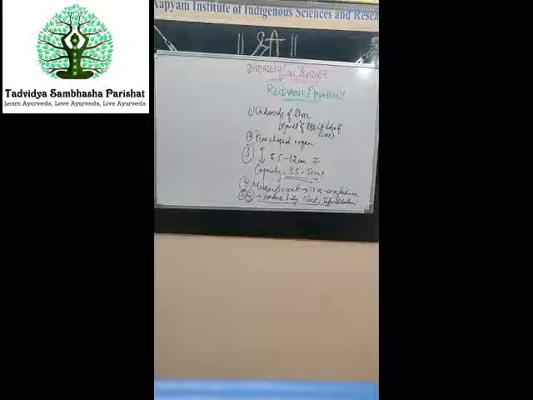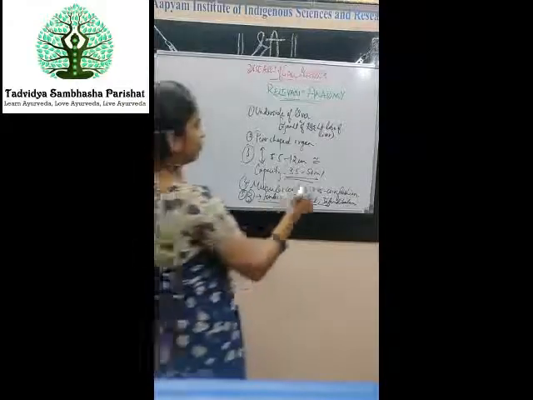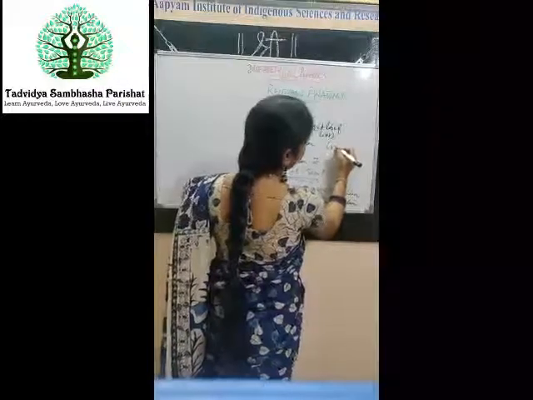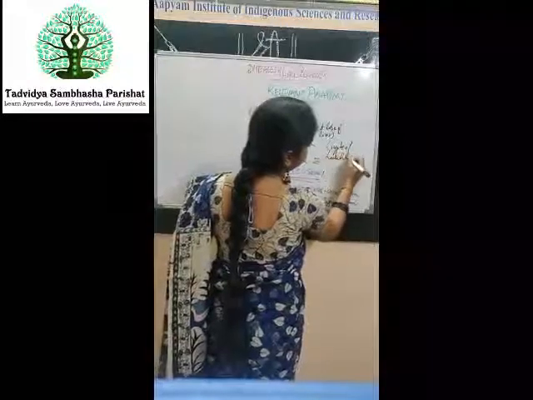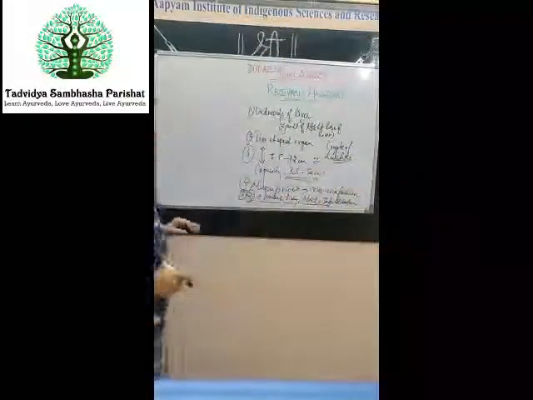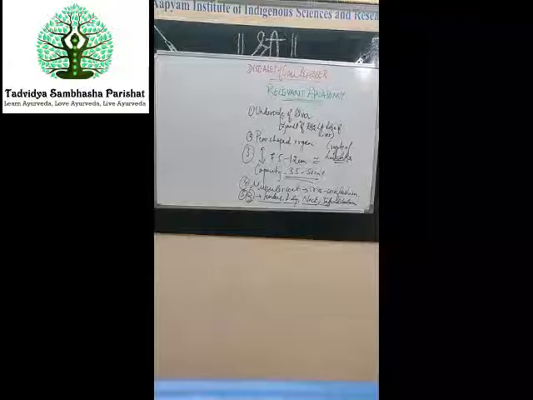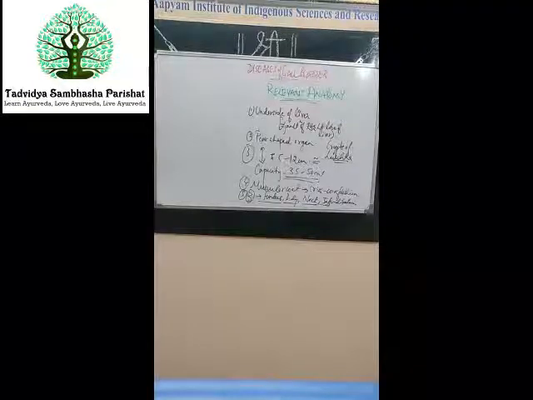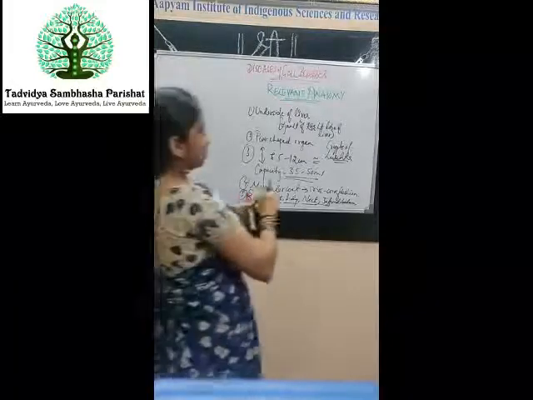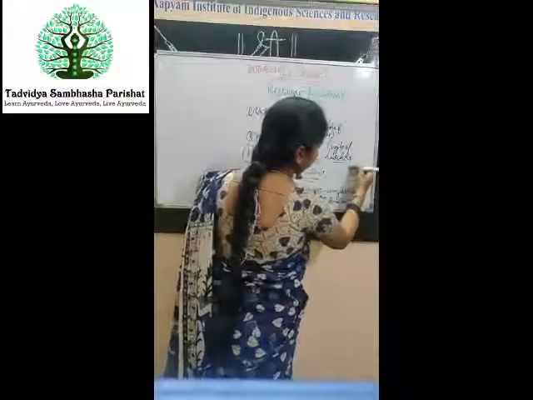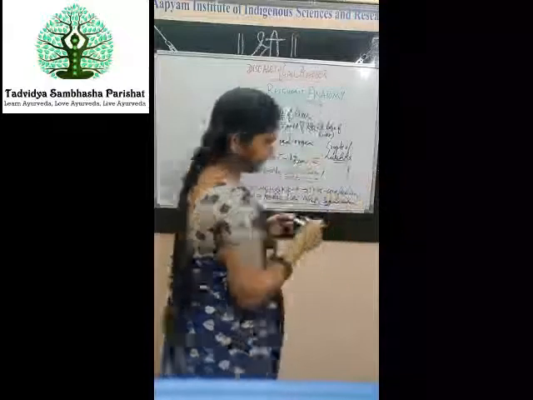Another important thing we have to know is about the crypts of Luschka. So, what are the crypts of Luschka? As we know, we have the muscle layer, and the next is the mucosal layer.